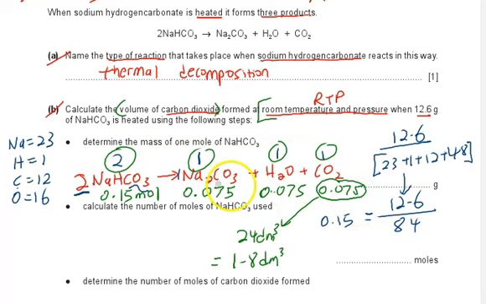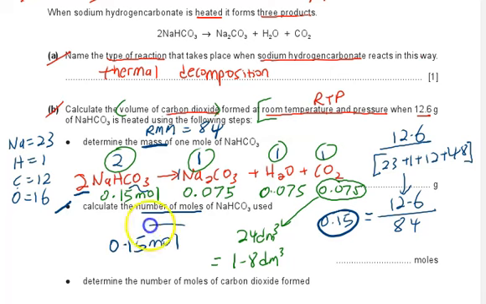Now let us answer the question one by one. When they are asking the mass, it is the RMM, which is 84. Now the second one, calculate the number of moles. We have calculated this and we are getting 0.15 mole.